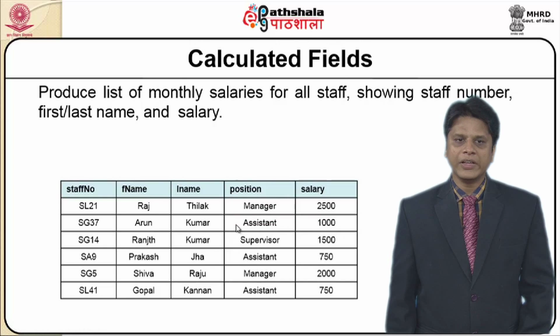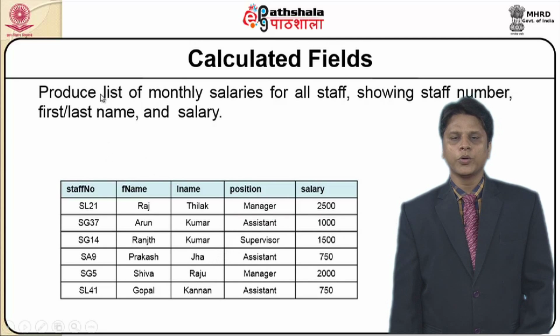Now, to calculate on the fields: produce a list of monthly salaries. Whatever I present as a sentence here is a natural language query. We will convert these natural language queries into SQL syntax, then present the resultant. My query here is: produce a list of monthly salaries for all staff showing staff number, first and last name and salary.